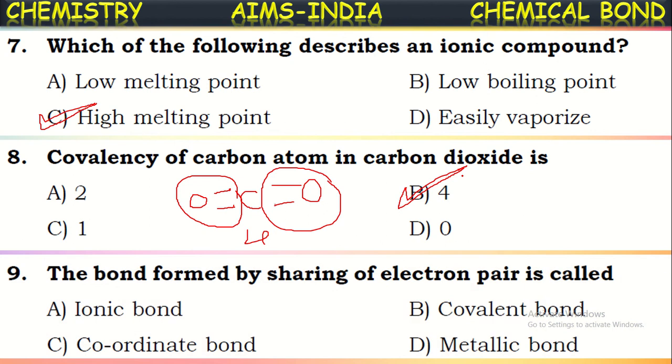Okay. Next, the bond formed by sharing of an electron pair is called covalent bond. The bond formed by the transfer of electrons is called ionic bond. The bond formed by the sharing of an electron pair is called covalent bond.